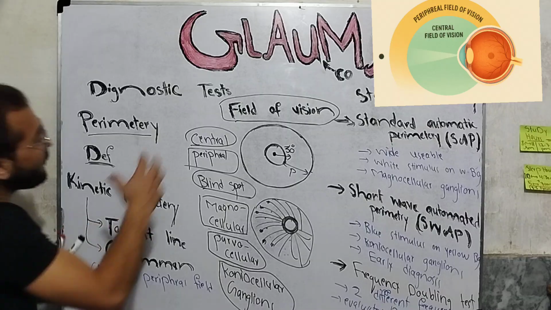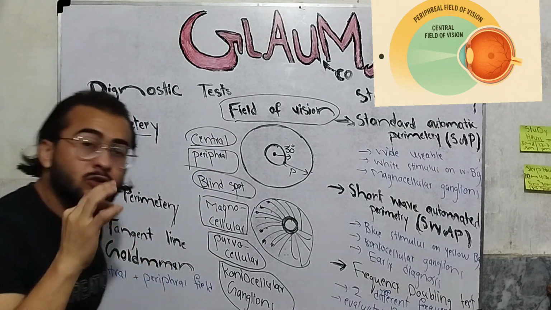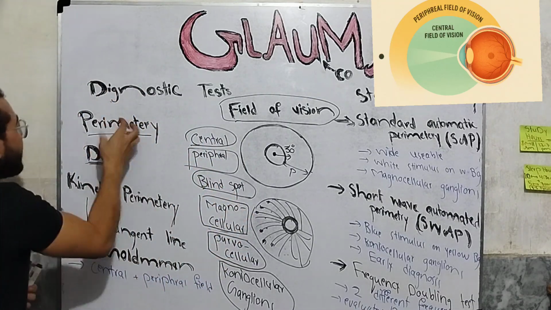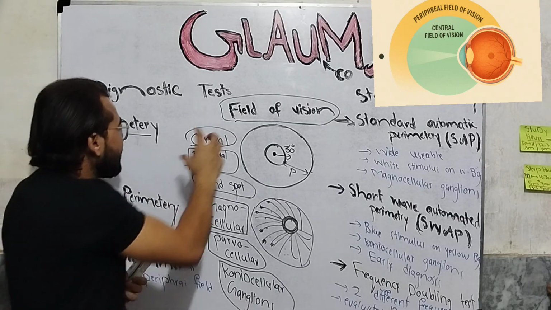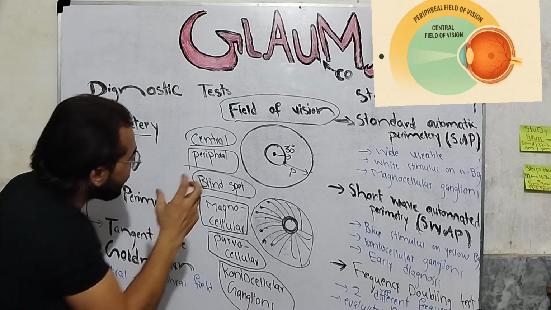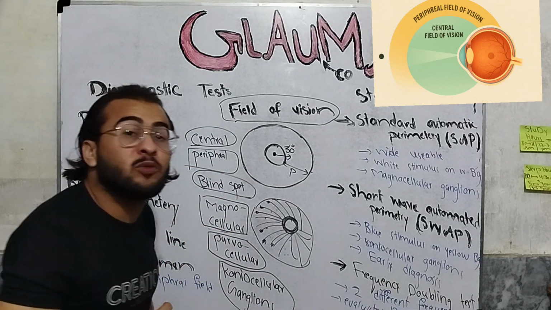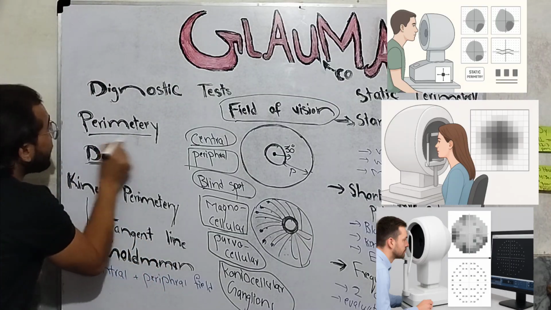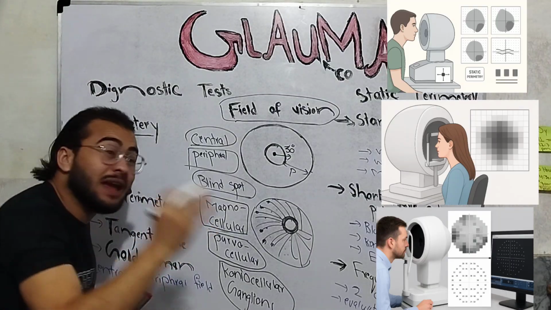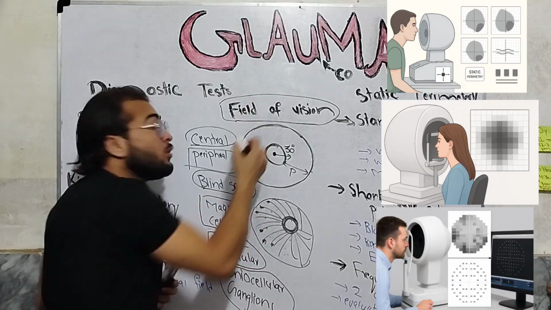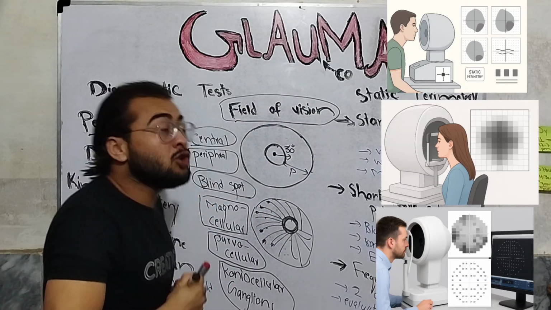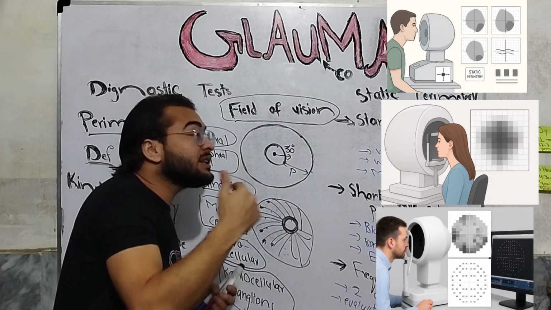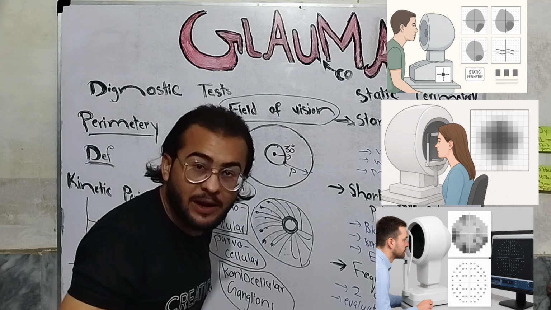So these were a few concepts which we should know in perimetry: the central field of vision, peripheral field of vision, blind spot, and the three types of ganglions. Now the evaluation and analysis of this field of vision is called perimetry. We are checking for any visual field defects.